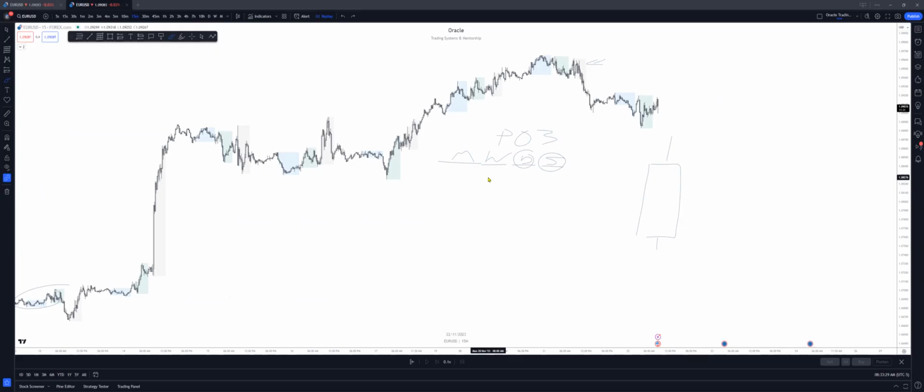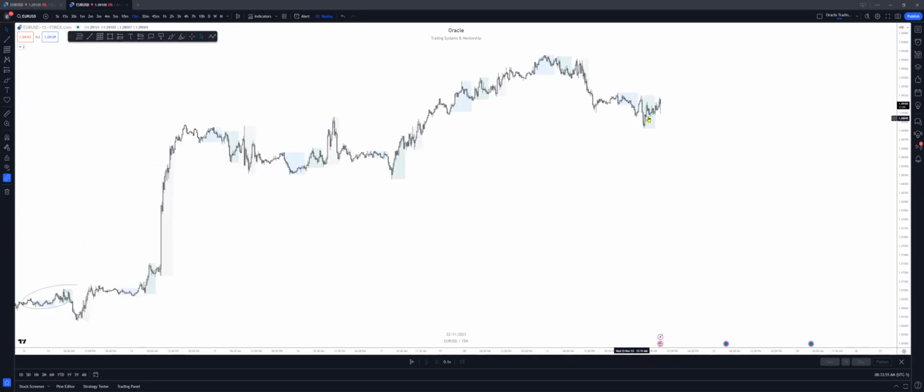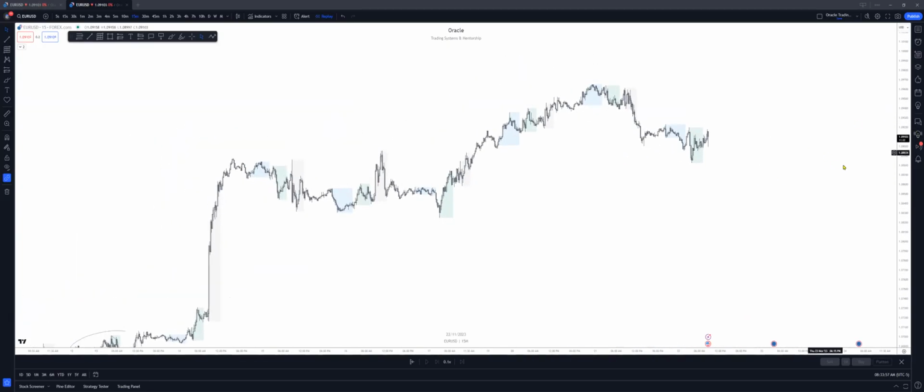Monday is accumulation. Between Tuesday and Wednesday, oftentimes is manipulation. And then the rest of the week is distributing. And then Friday is usually a pullback of that distribution. So you get Wednesday and Thursday distribution, and then Friday usually pulls back. Right. So oftentimes if you have a very bullish week, Friday you can actually trade and try and fade a little bit of that move to get a good sell on or buy if it's a sell week.